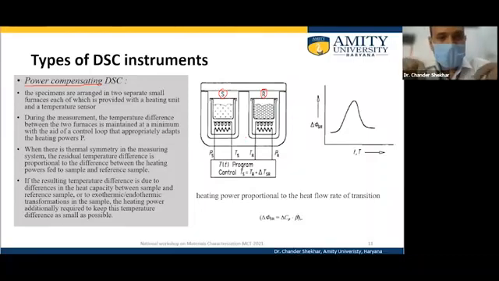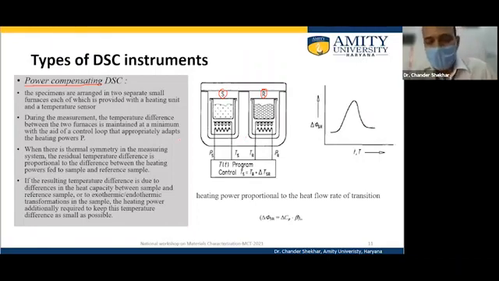In power compensation DSC, we are compensating power. If there is an endothermic event, then extra power is given to the sample. If there is an exothermic event, then the power given to the sample is withdrawn, proportional to the energy generated or consumed by the sample. Fine, so this is power compensation.